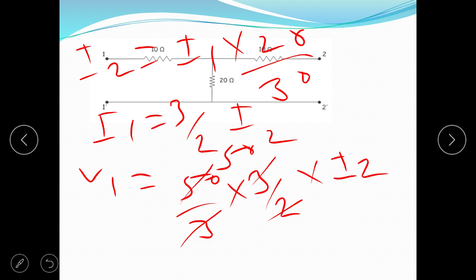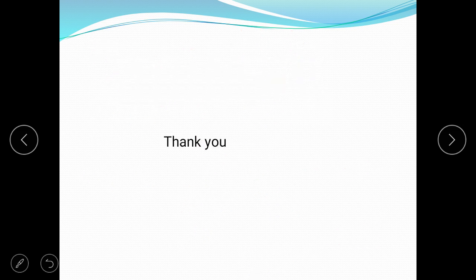So the value of B is minus 25. So parameter B is minus 25.